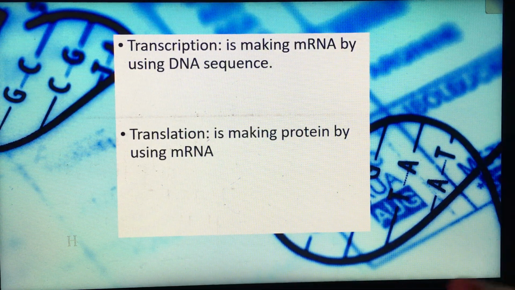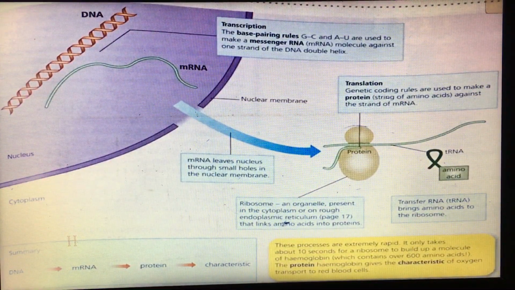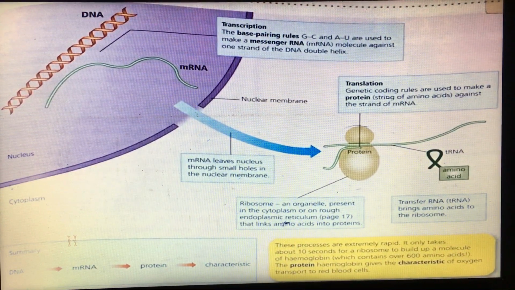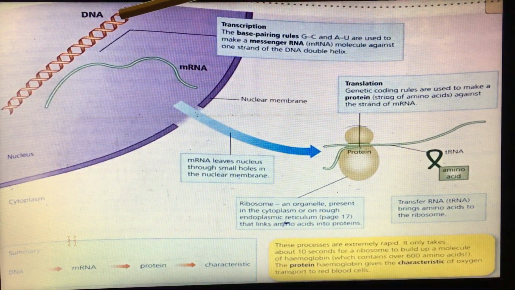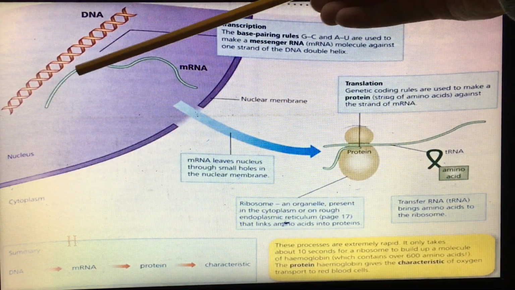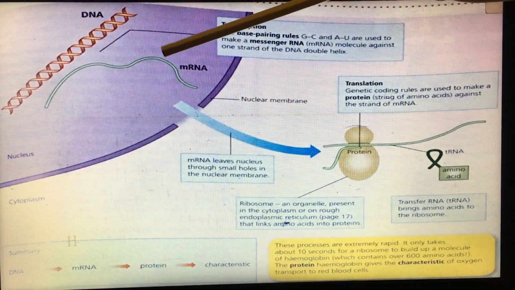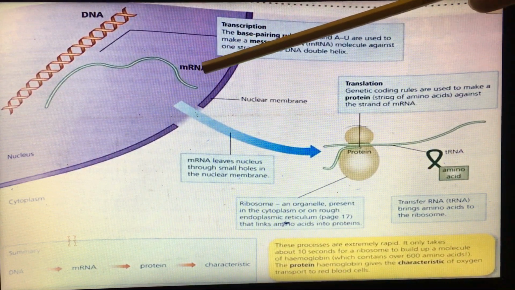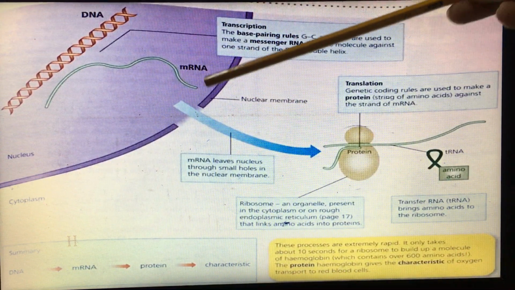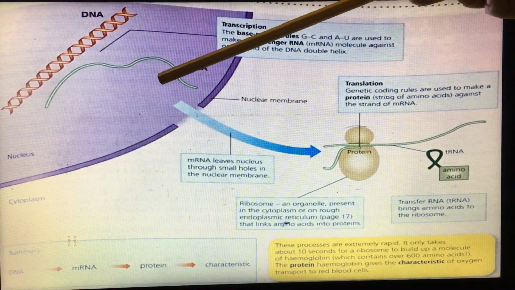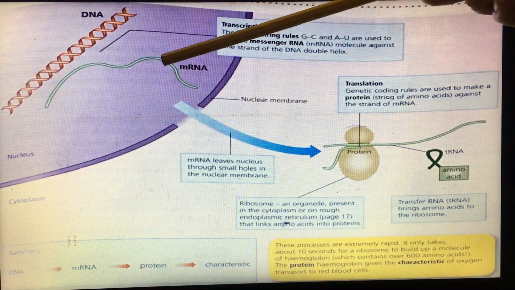So the last thing, focus on all the process again. Here in the picture, we have DNA inside the nucleus. Half of the DNA strands connect with another strand to produce mRNA by the transcription process.